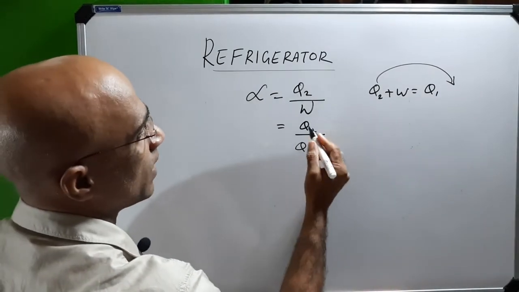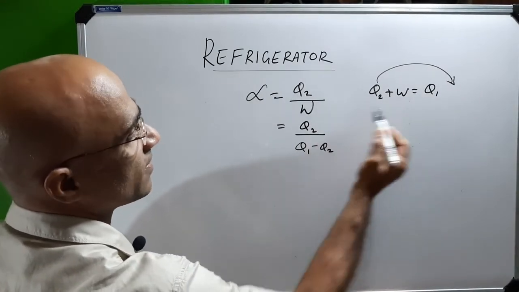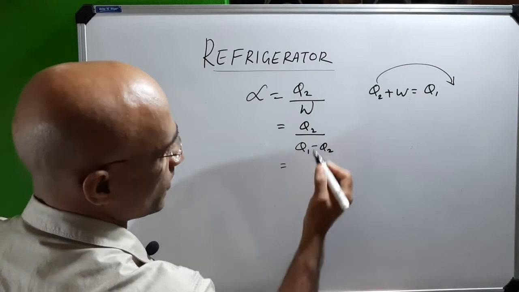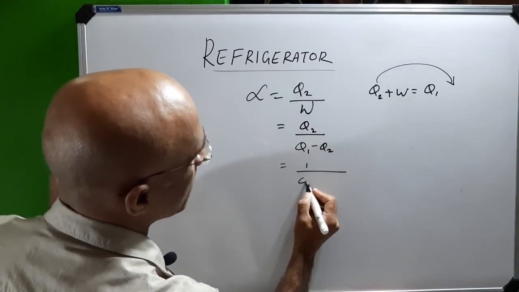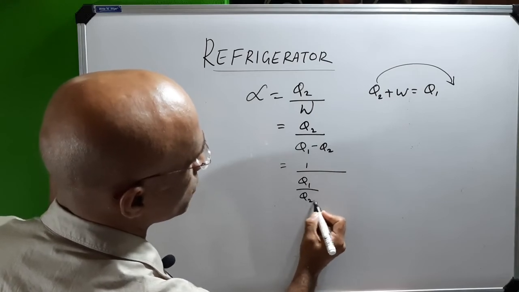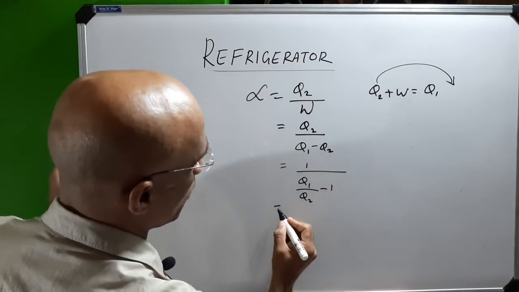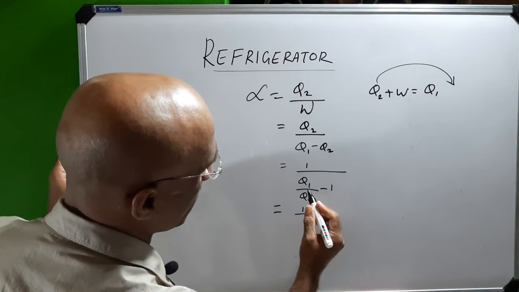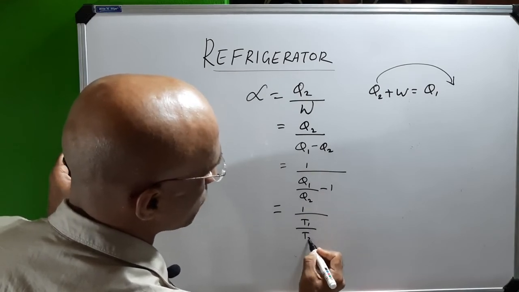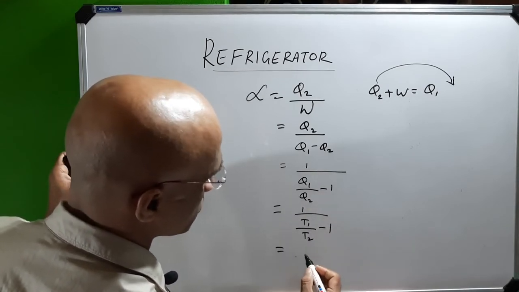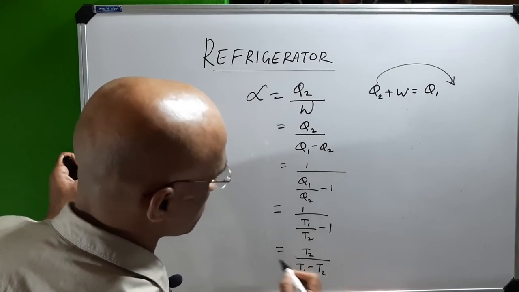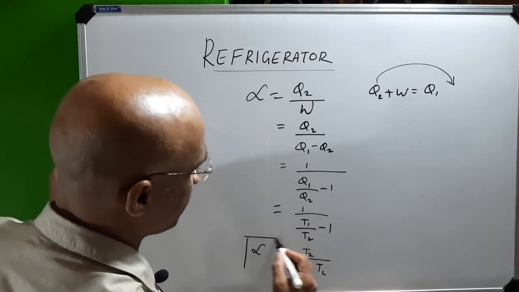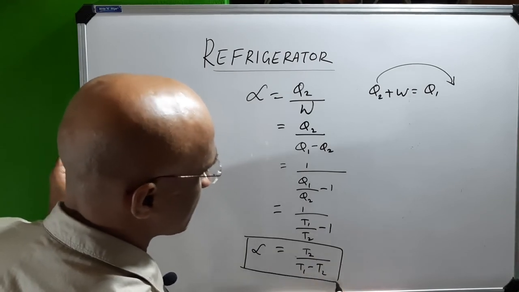So I get Q1 minus Q2 in place of W. Proportionally, I can write this as 1 divided by Q1 by Q2 minus 1, or in terms of temperature, 1 by T1 by T2 minus 1, nothing but equal to T2 divided by T1 minus T2 will be the coefficient of performance in terms of temperature.